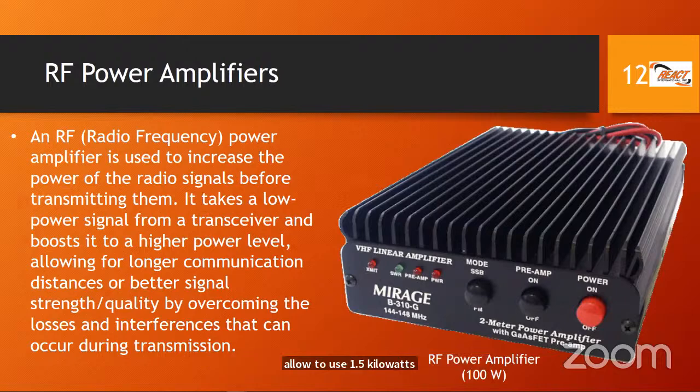So if we need to get from the 100 watts output that our radio does natively to 1,500 watts, the device that we need to use is called an RF or radio frequency power amplifier. All right, so let's get to a slide that shows that in use.